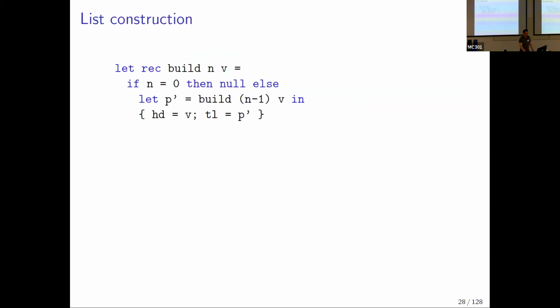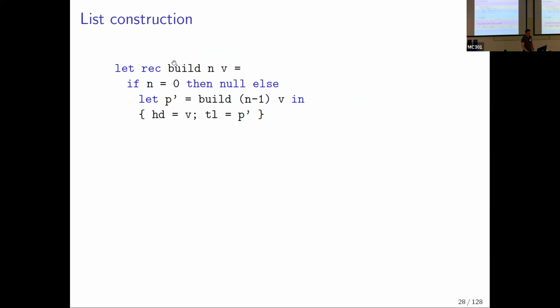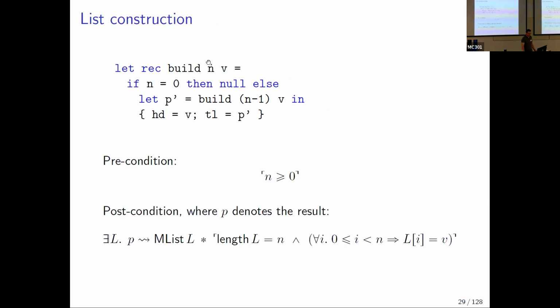Okay. All right. So let's see a first program. Let's say you want to build a constant list of size n. You have this function. So I guess you're familiar with OCaml. Who's familiar with OCaml? Okay. Who understands this? All right, that seems fine.